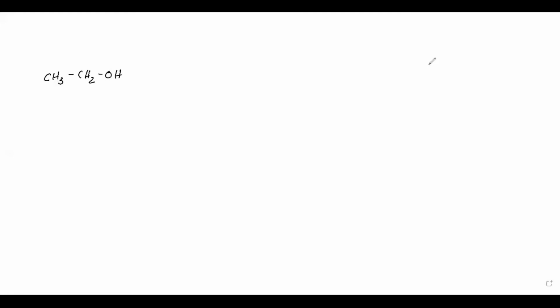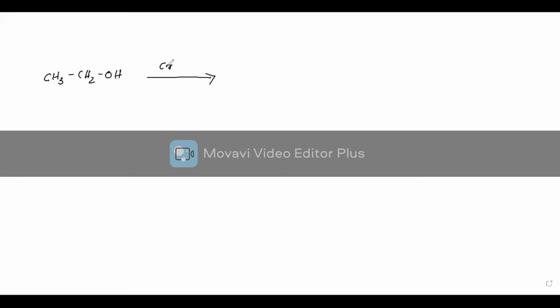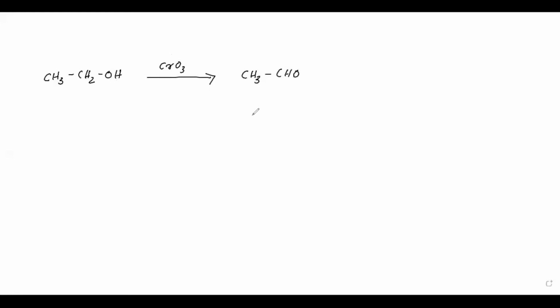Okay, when the primary alcohol is oxidizing in the presence of chromium trioxide, we get an aldehyde like CH3CHO.